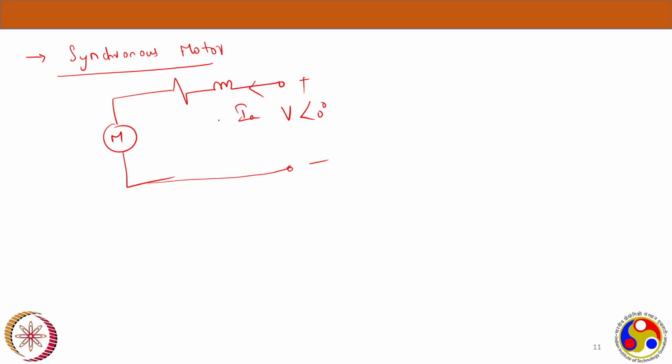So as I said, this three-phase winding carries IA, the armature current. It is drawing this power from the source because it's a motor. Now I'm calling this series impedance ZS, and the motor will get excited, and I'm calling this excitation voltage EF.